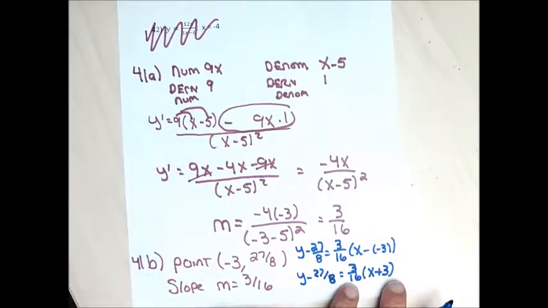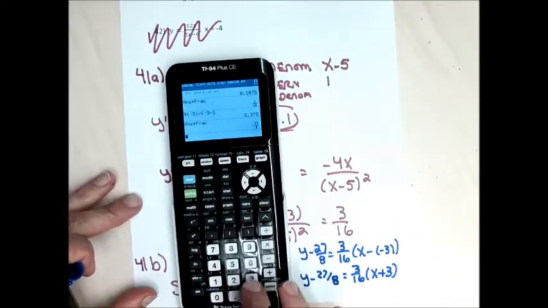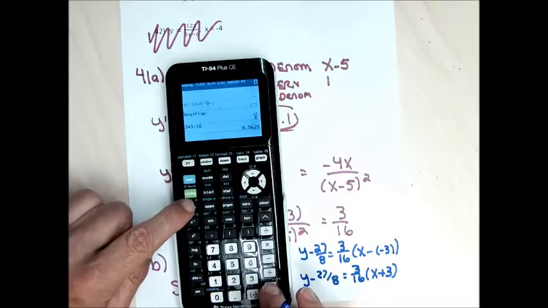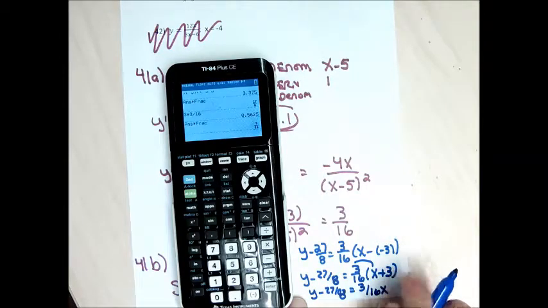And then if you can't multiply 3 over 16 times 3 and get 9 over 16, you can do it on your calculator. So I go 3 times 3 divided by 16. Math, enter, enter. The right-hand side, if I simplify it, multiplying 3/16 times x, I just get 3/16 x. And multiplying 3/16 times 3, I get plus 9 over 16.